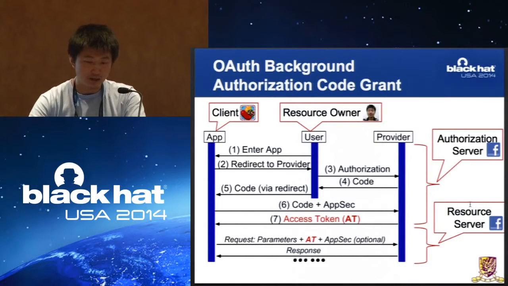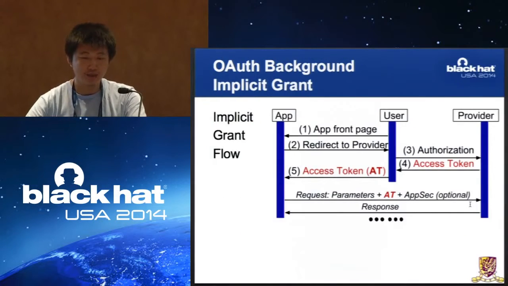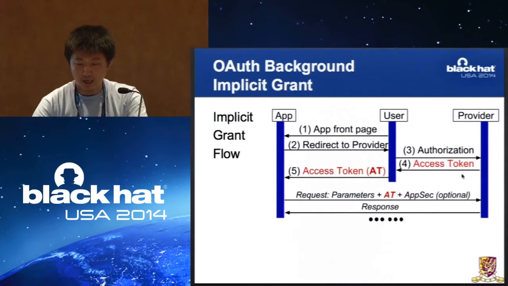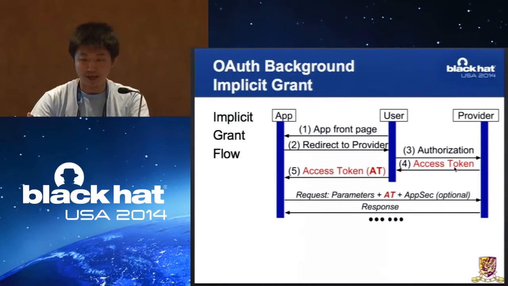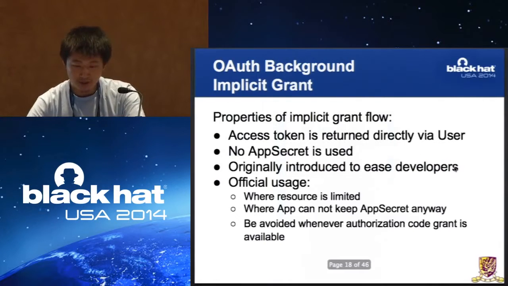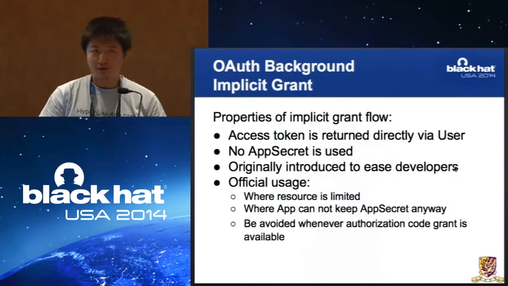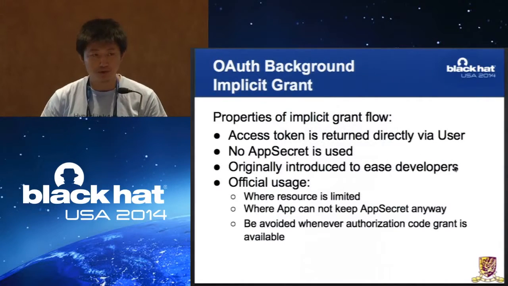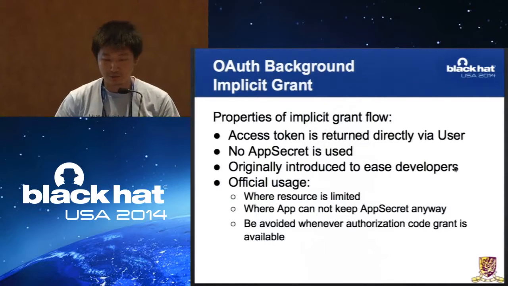And you know, this is the so-called authorization code grant flow. But there exists another thing in OAuth that is called implicit grant flow. Here you can see there is some difference. Instead of returning the code directly, the provider returns the access token to the user. And the user passes the access token to the application, and the application can operate further. So the property of implicit grant flow, you already noticed, is that during this process, no app secret is used.